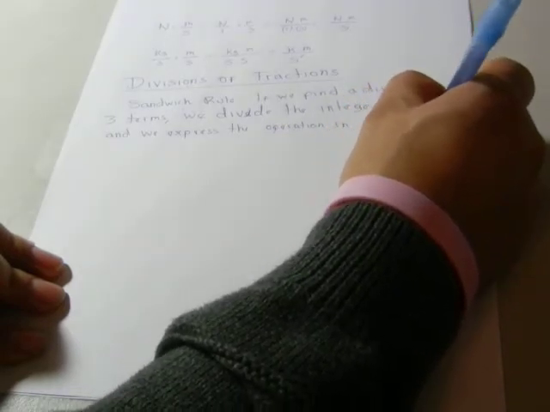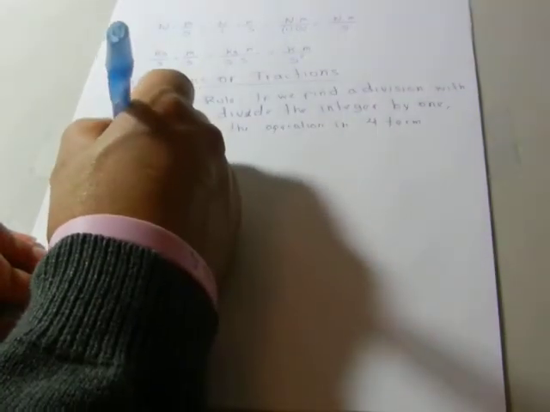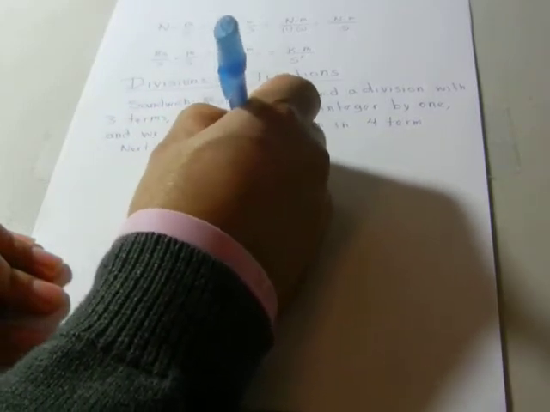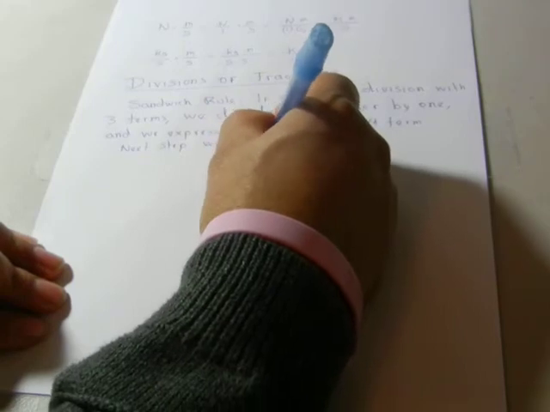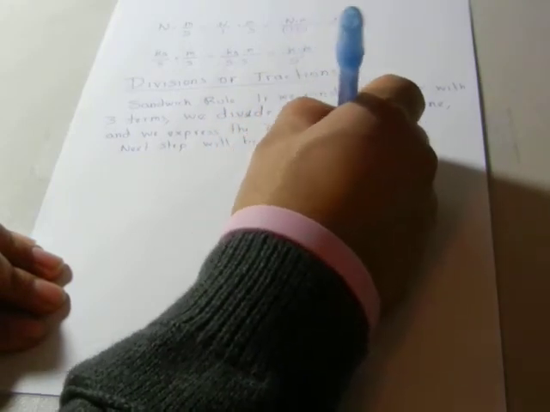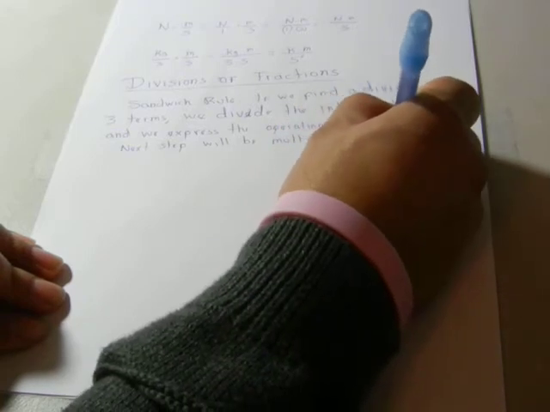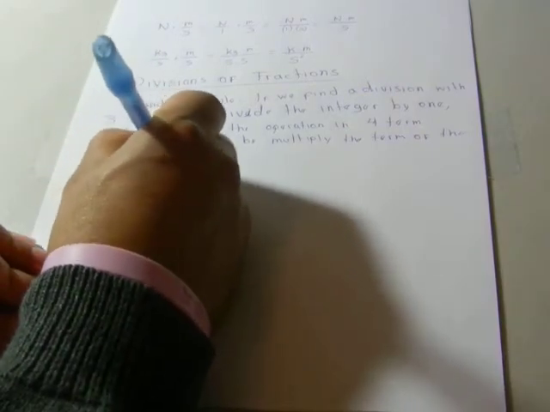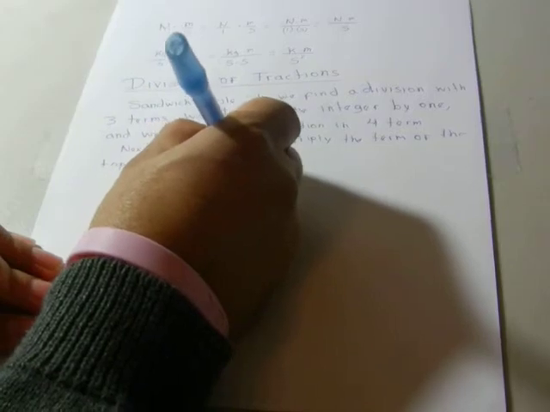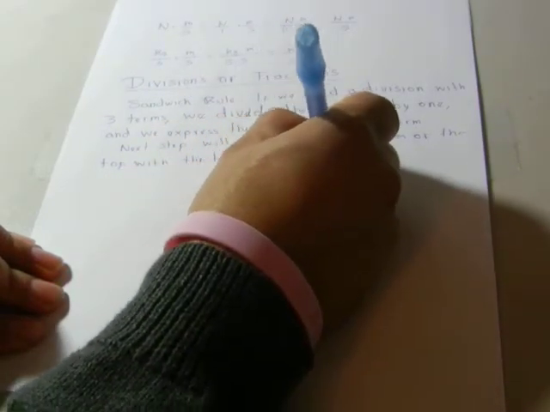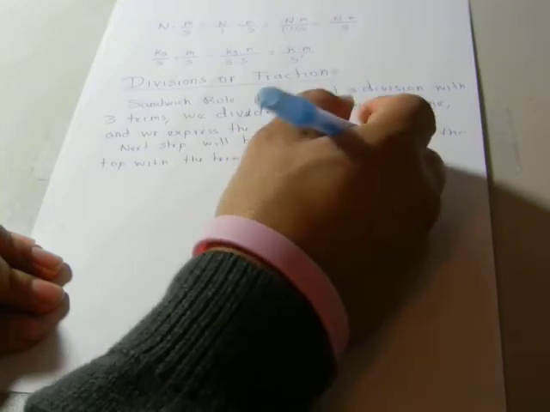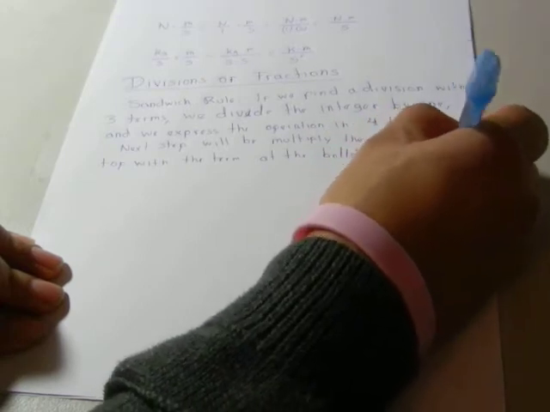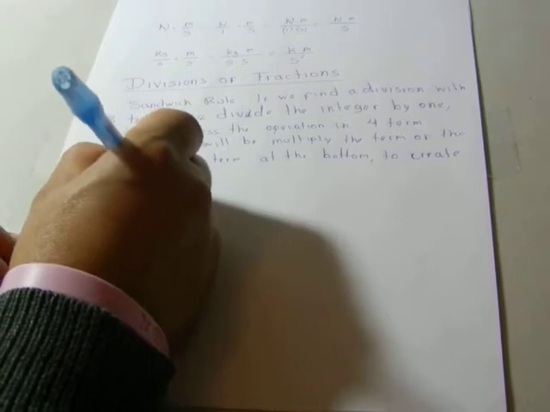Next step will be to multiply the term of the top with the term at the bottom to create the new numerator.